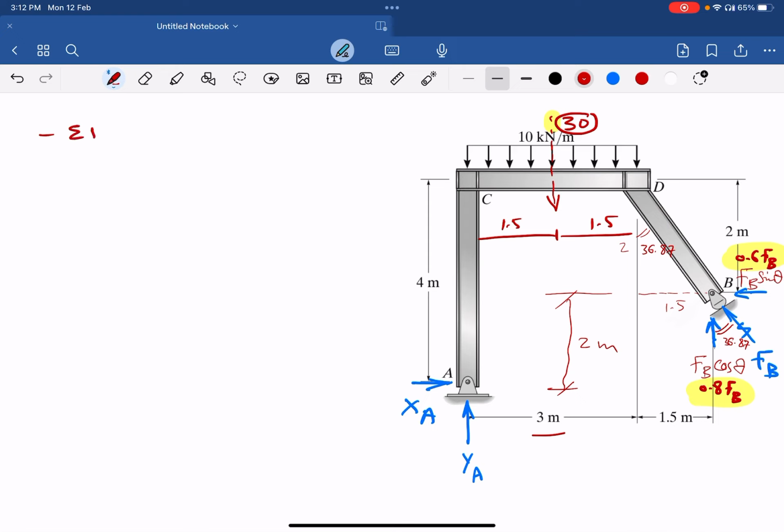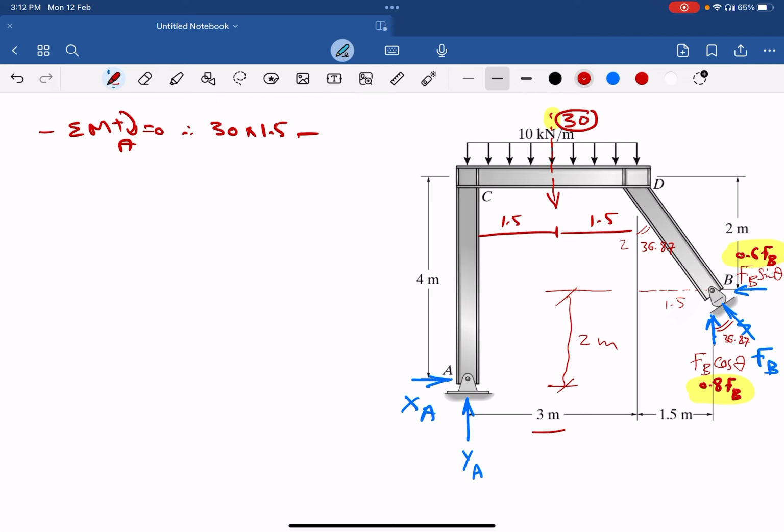We start with summation of M at A equals 0. Therefore you have 30 times 1.5, minus this force, 0.6 FB times 2 meter, minus 0.8 FB times this distance, 1.5 plus 3.5, the total is 4.5, all equal to 0.